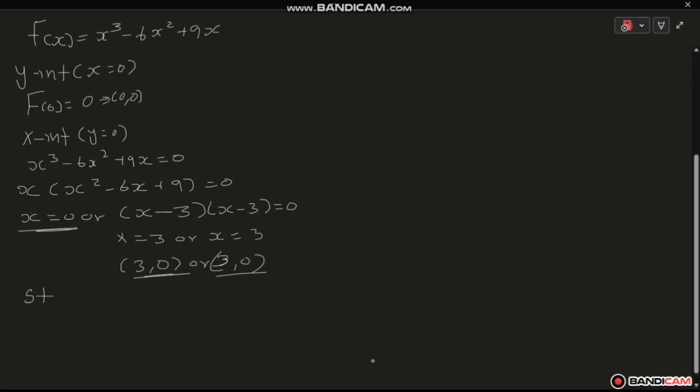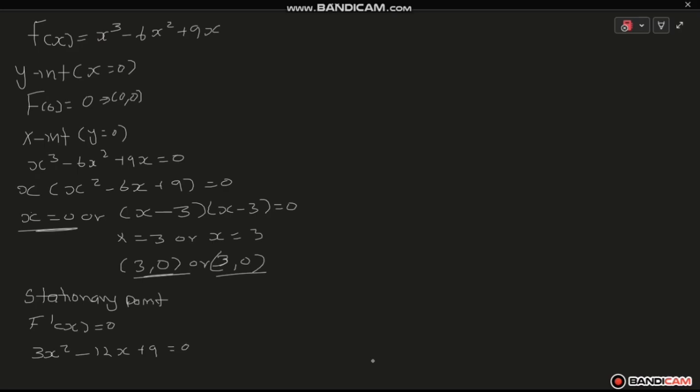What else? The stationary points. Remember, for us to find the stationary points, you do what? Its first derivative equals 0. There's a mark for this, show it all the time. Then you derive f of x. Therefore, it will be 3x squared minus 12x plus 9 equals 0.